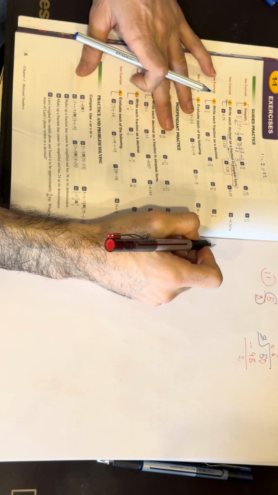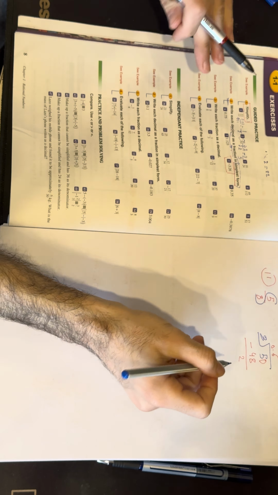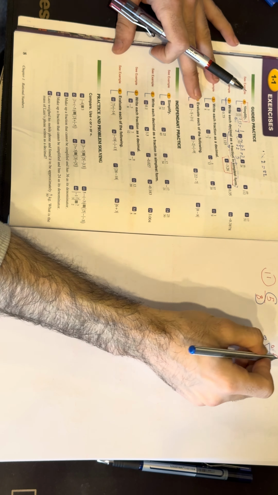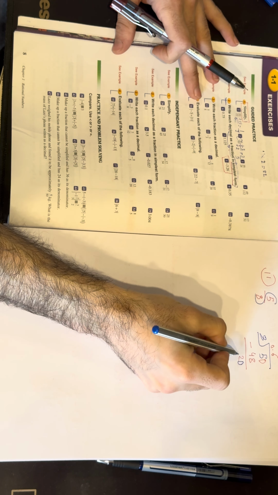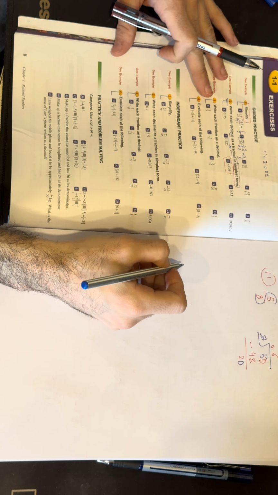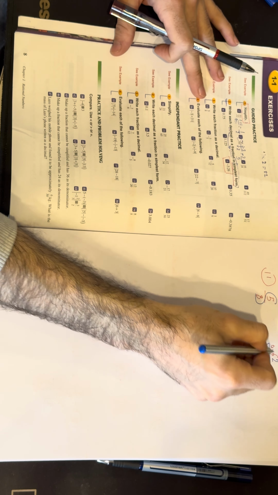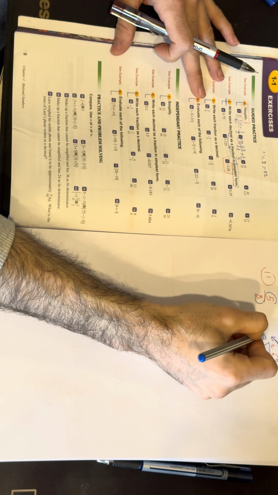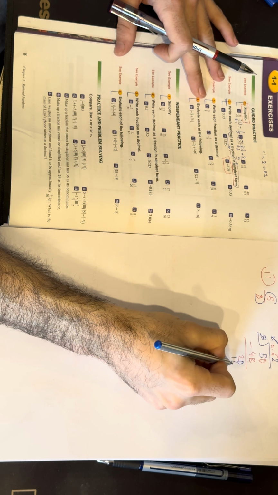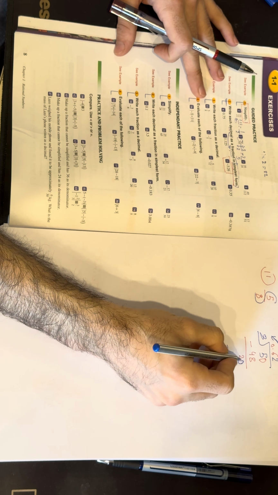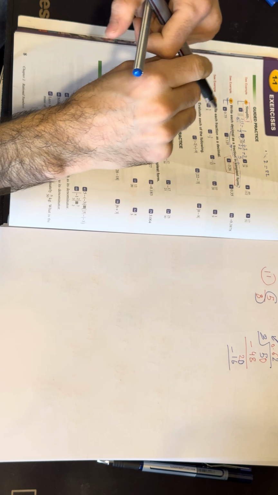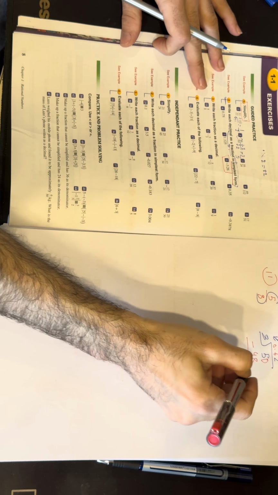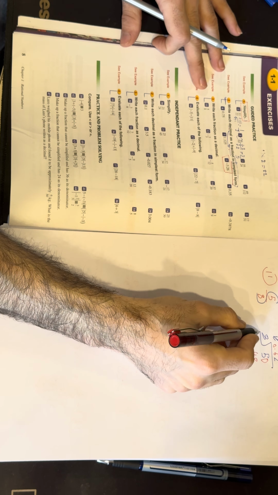In 2, do I have 8? No. Because we already added 0 and a point on the top, no need to add another point. So immediately add 0. In 20, how many 8s do I have? 2. We said we're going to multiply this number. 2 times 8 is equal to 16. Then after we subtract 20 minus 16, it's equal to 4. Then again I'm going to add 0, because in 4 we don't have 8.